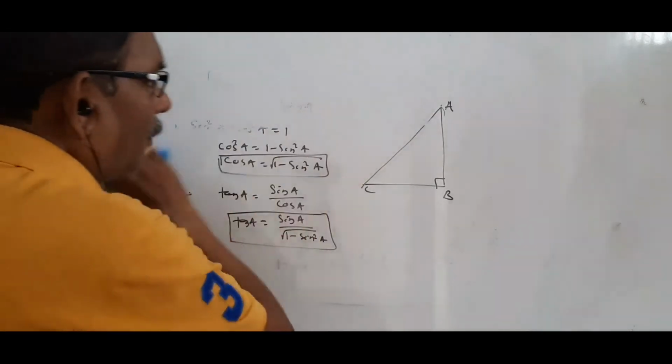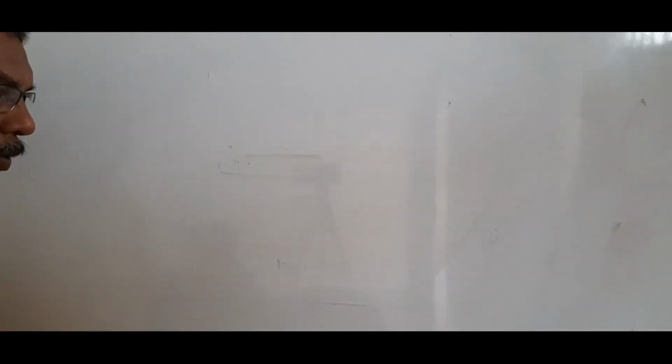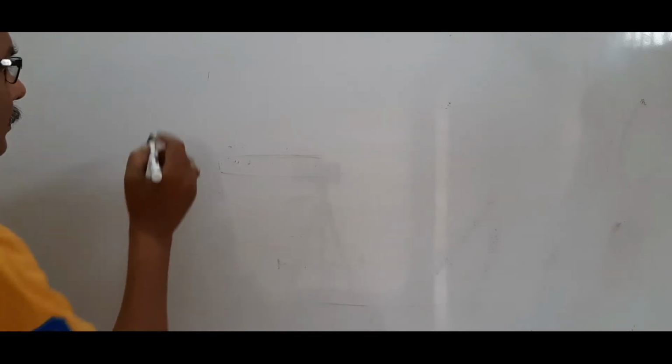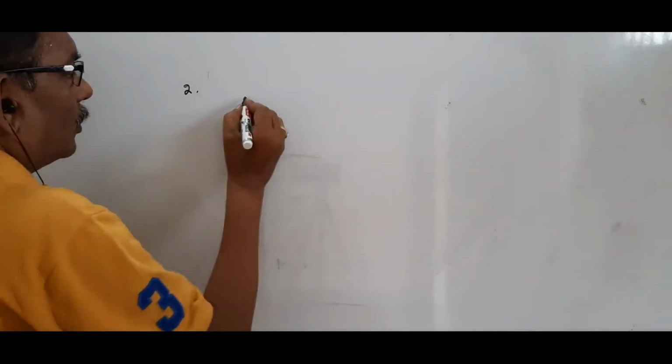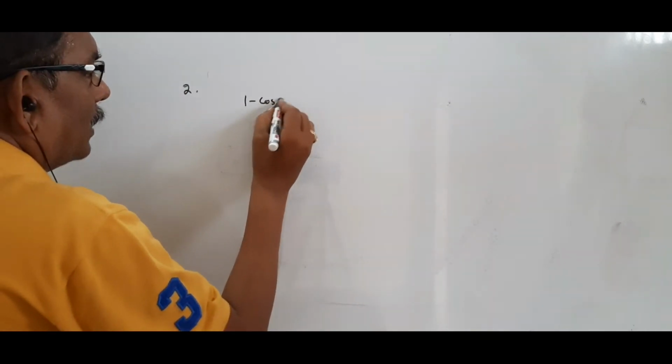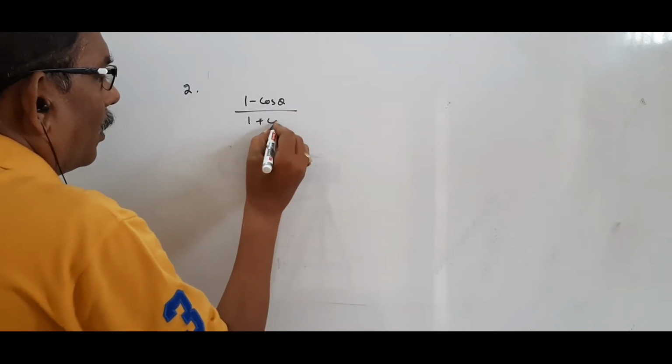Take another example to prove the identity. Suppose 1 minus cos theta by 1 plus cos theta.